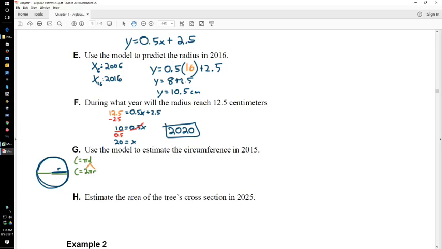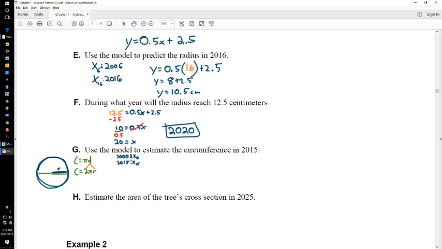So in year 15, again, 2000 is represented by x of 0. So 2015 is represented by x of 15.